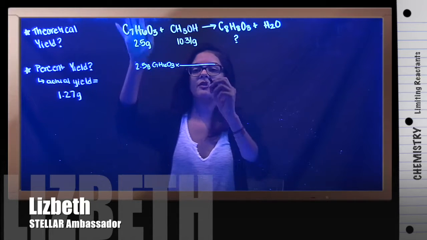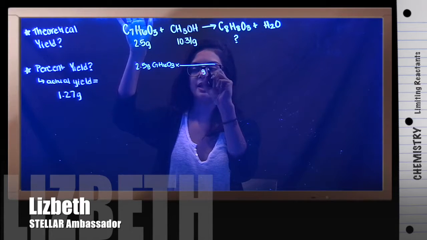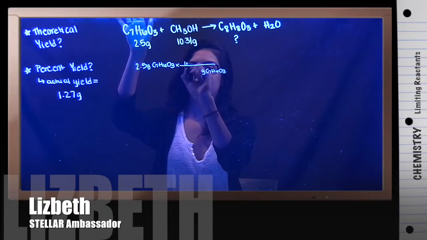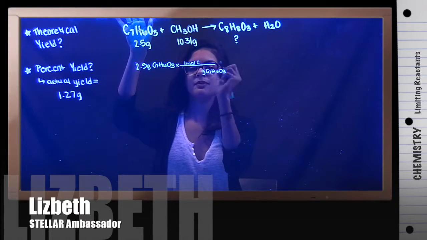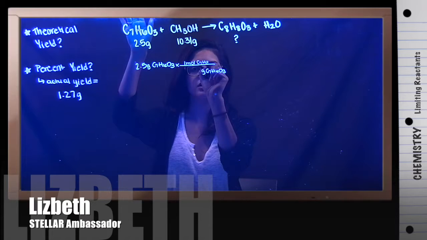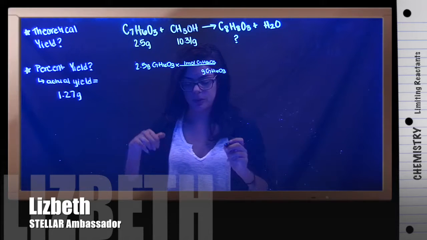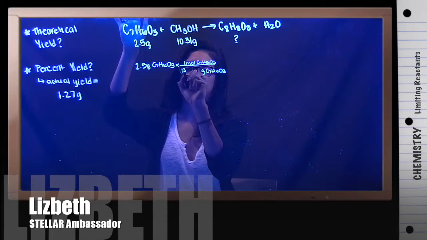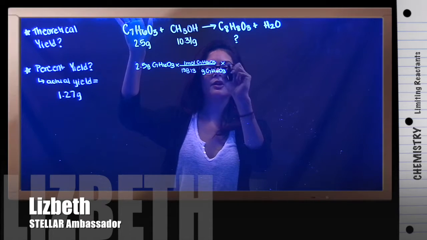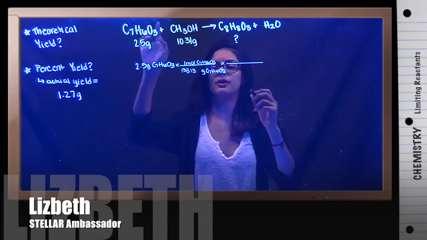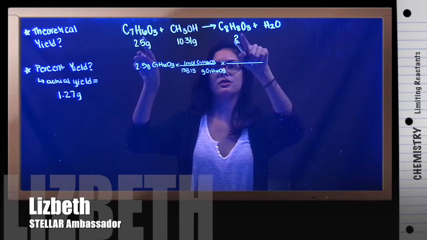So first, grams has to go on the bottom so that they can cancel. And we're going to have 1 mole of this thing up here. I already found the molar mass before, so it's going to be 138.13. Now we're going to do a mole to mole ratio. So I'm going to go from here to here.